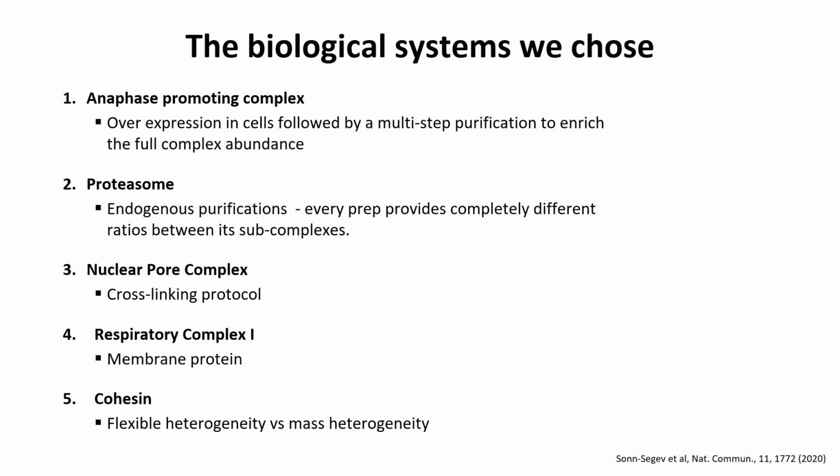The third system is nuclear pore complex, where we will illustrate how mass photometry can help cross-linking protocol optimization. The fourth system is Respiratory Complex I, where we show that mass photometry can also work with membrane proteins. And the last system is Cohesin, which is a flexible protein, and we will show how mass photometry works with flexible heterogeneity versus mass heterogeneity.